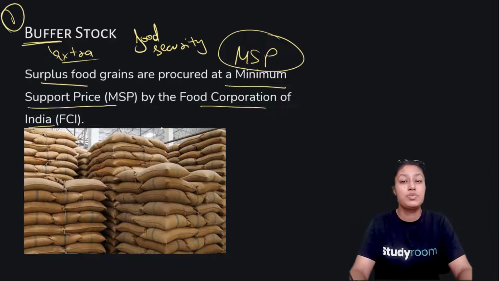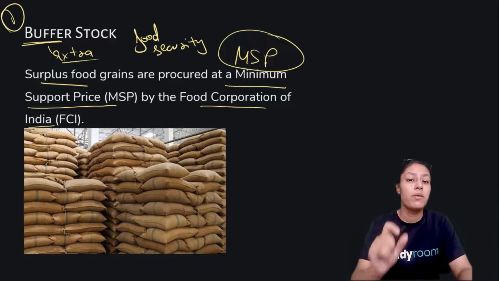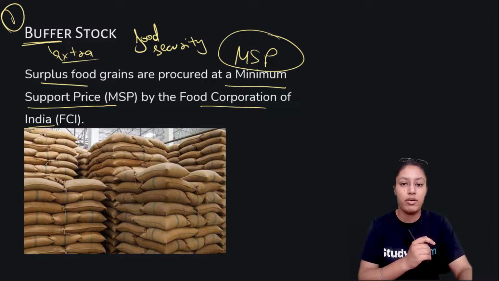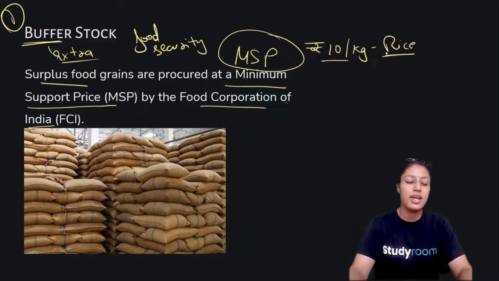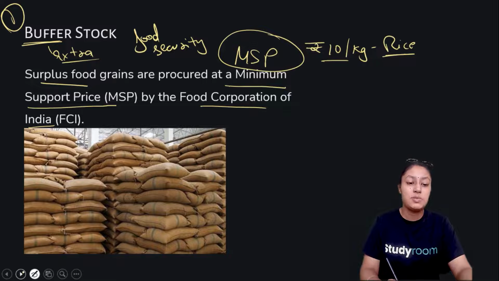You must have heard people saying MSP is too low, MSP is too high. MSP is basically a standard price set by the government that they give to a farmer who produces a particular grain. For example, government has set 10 rupees per kg for rice. So for every farmer who gives rice, he will get 10 rupees per kg. So that is buffer stock.